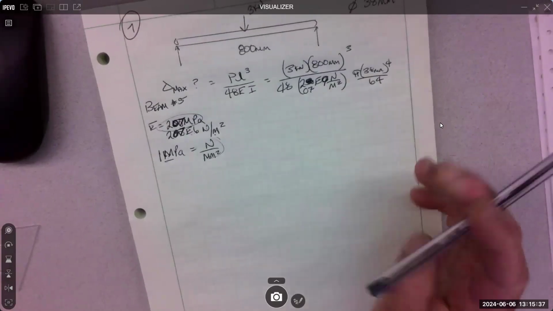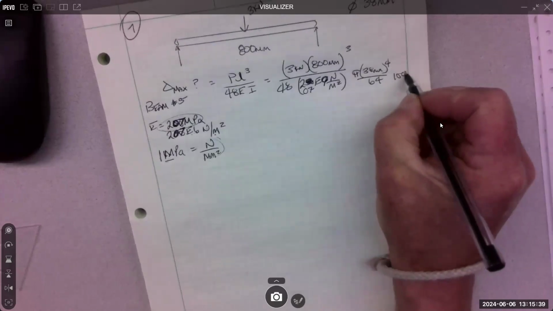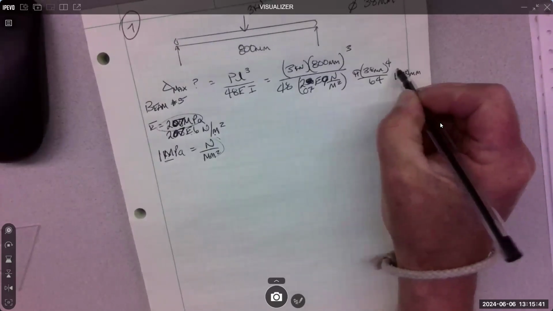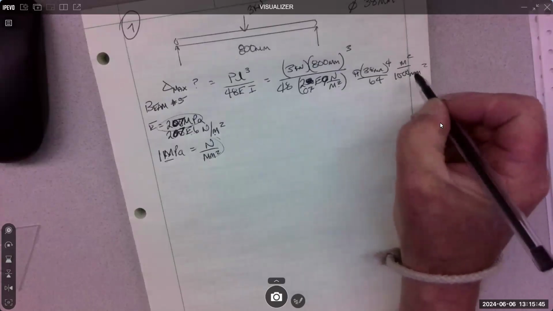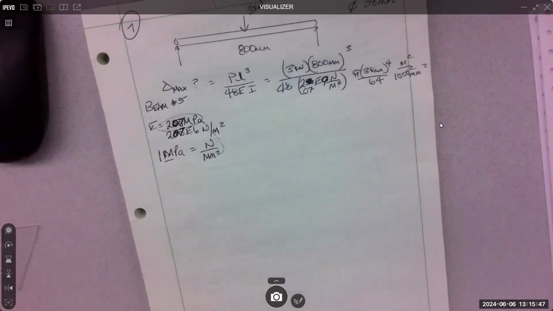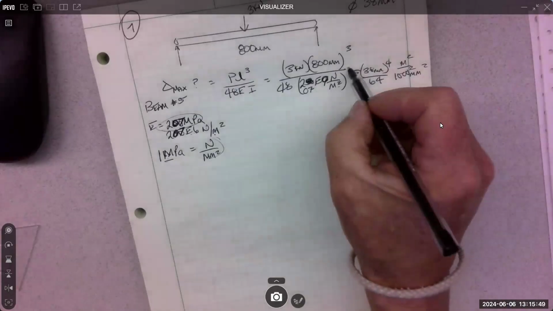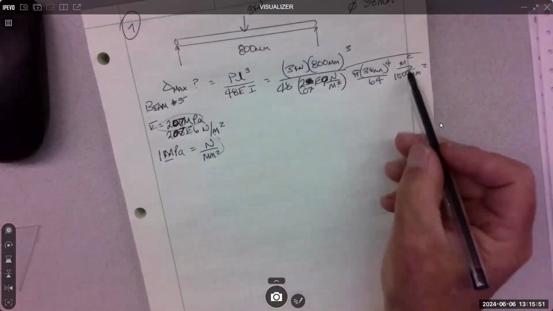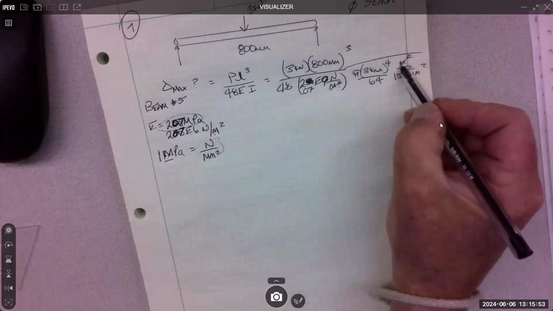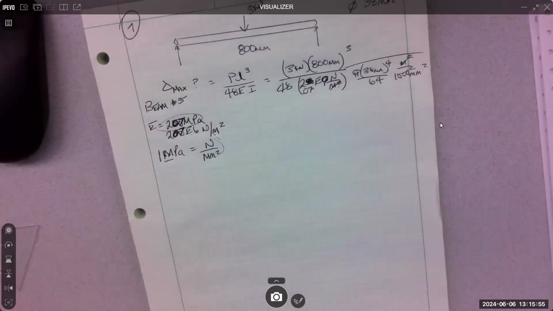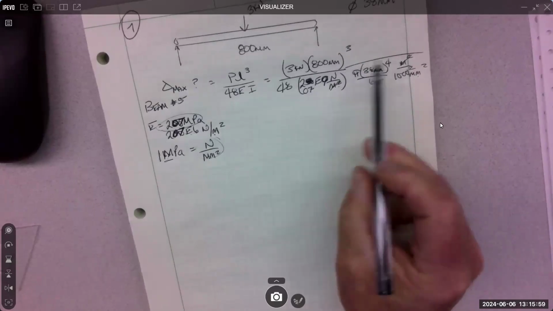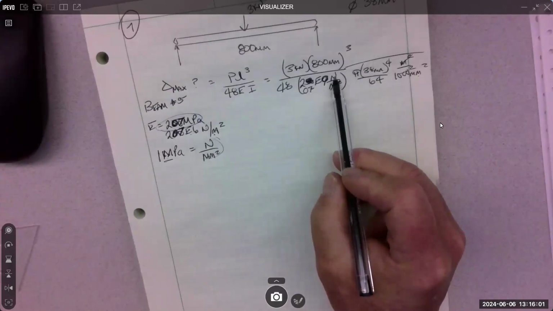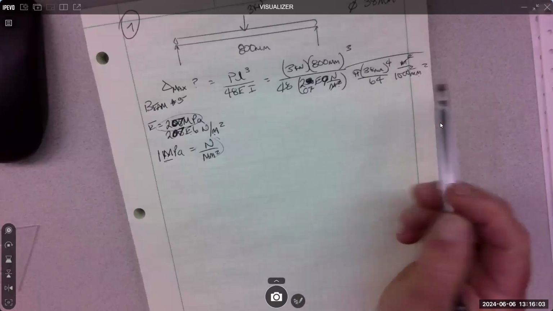And there's 1,000 millimeters per meter. And if I want it squared, then I have to square everything. And it's still in the denominator where I'm doing this. Then that crosses. So now I have millimeters squared, millimeters to the 4th, newtons down here, right?